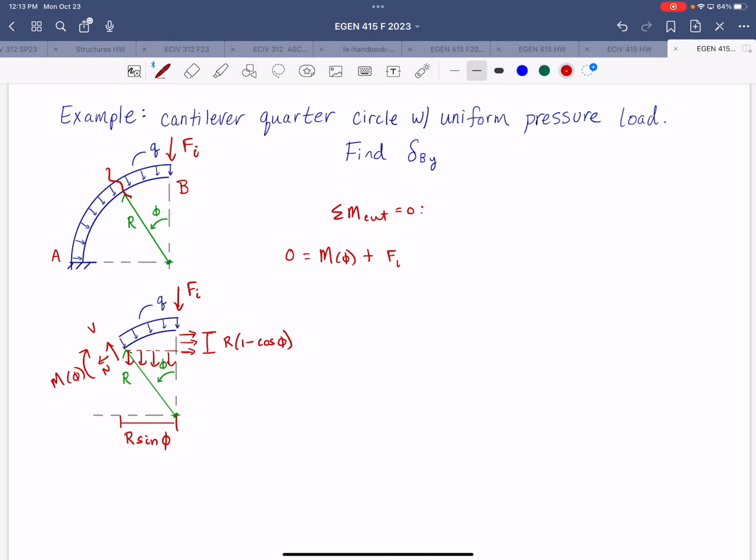All right, and then we have the fictitious force times its moment arm, r sine phi, plus the horizontal component. So the resultant of that would be q times r times 1 minus cosine phi. All right, so that's just the pressure load times the distance over which it acts.